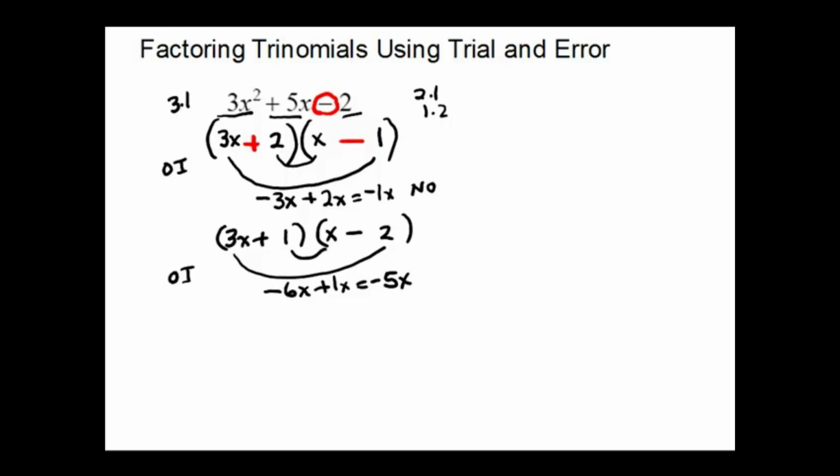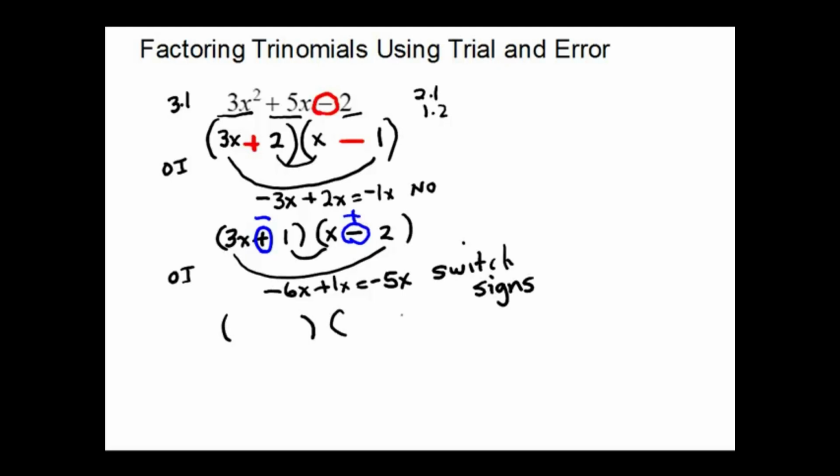We're getting the 5, but we have the wrong sign. Notice we want to get back a positive 5x. Once you're at this point, all you have to do to make it work is switch your signs. The one that you had as plus should be minus, and the one that you had as minus should be plus, and then it will work.